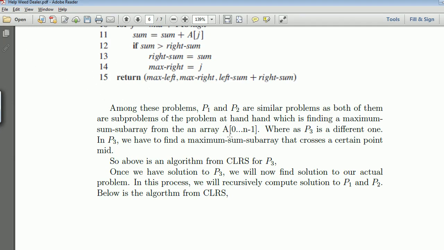If you see these three problems, P1, P2 and P3, P1 and P2 are similar problems. Why is P3 not the exact same problem as P1 and P2? This is because P1 and P2 are subproblems of the problem at hand.